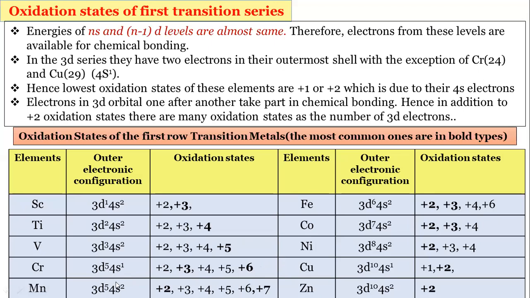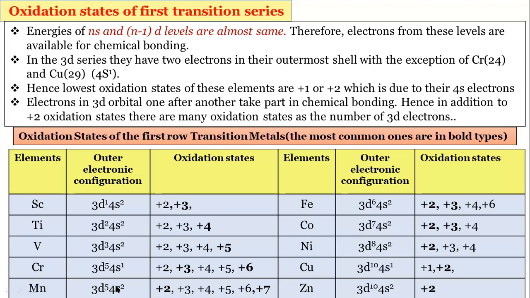But manganese shows variable oxidation states: +2, +3, +4, +5, +6, +7. This is very interesting. Why does manganese show the +2 oxidation state as more stable? Because if these 2 electrons are given from this 4s, 3d contains 5 electrons. It is exactly half filled, because the capacity of the d orbital is 10 electrons.